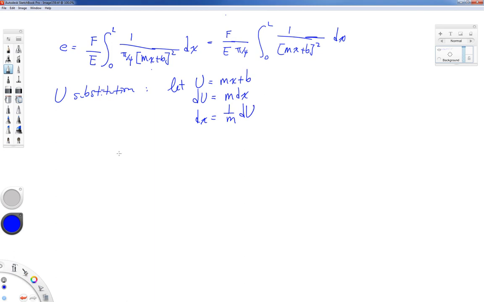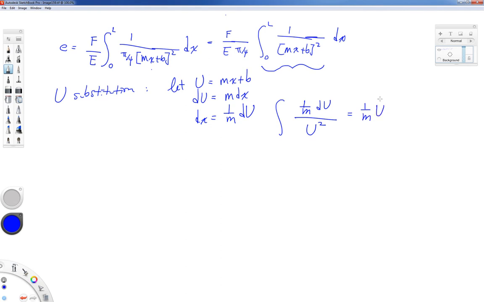So I'm going to rewrite the integral that we have here. I'm just going to do the integral part. This integral becomes an integral of, instead of dx, 1 over m du, and we have u squared on the bottom.